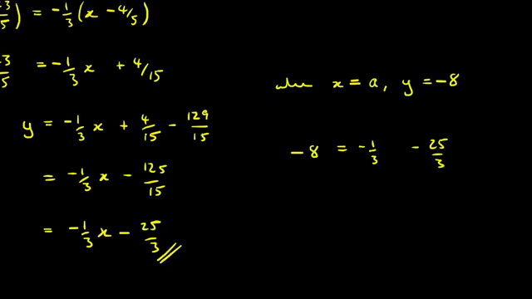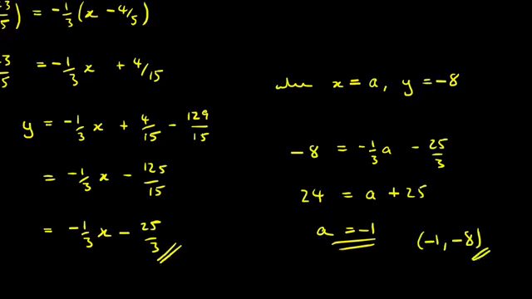Really, it's probably what we should do. I'm going to times everything through by negative 3, to turn everything into a positive. So we get 24 is equal to a plus 25. So a is equal to negative 1. So the coordinates of C are going to be negative 1, comma, negative 8. And that should be our final answer.